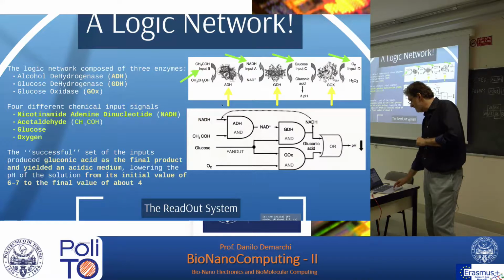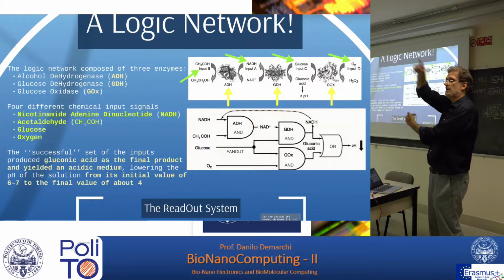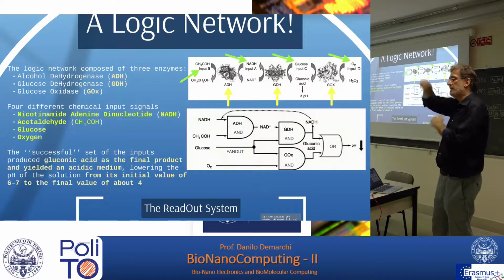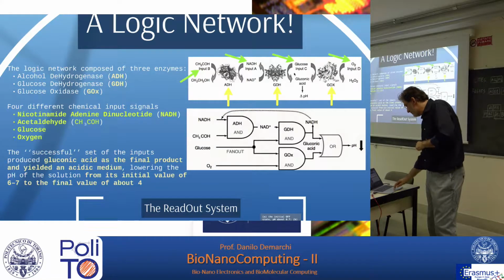So here you see the acetaldehyde in presence of ADH generates this complex, and in presence of ADH, NAD+ is generated. The generation of NAD+ in presence of GDH generates NADH back again, so it's a loop, a looping reaction.